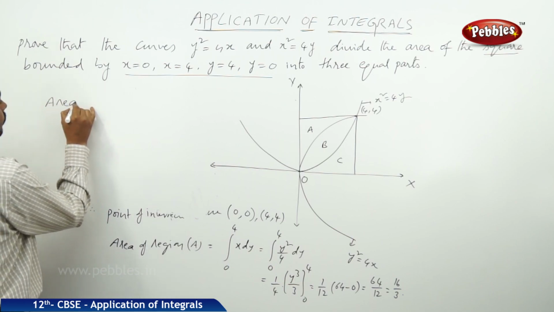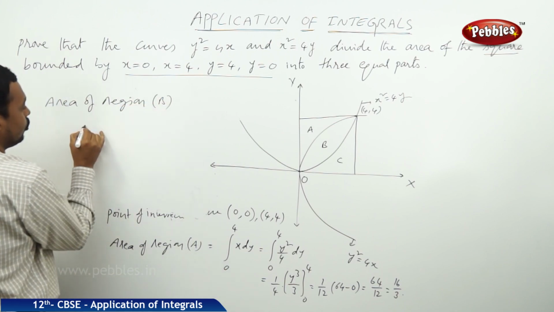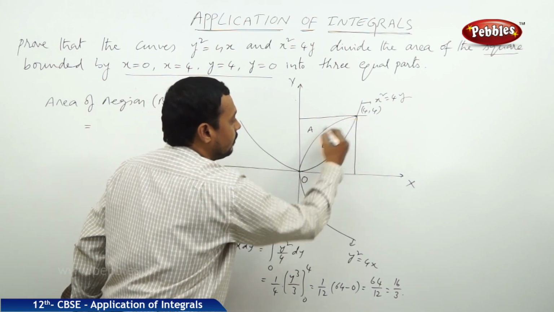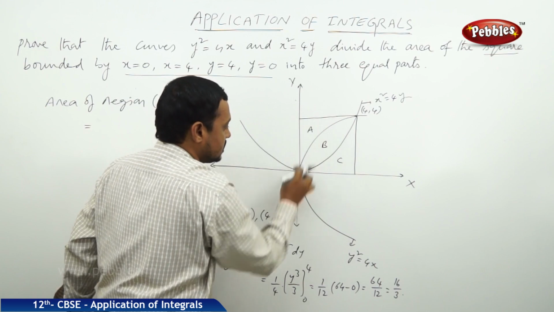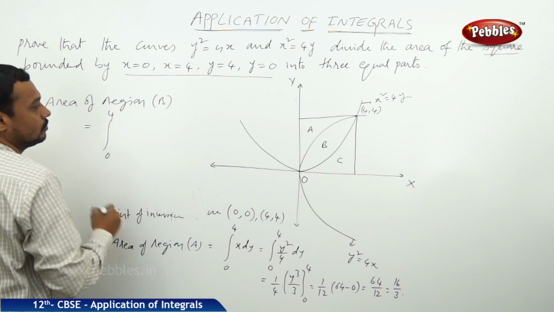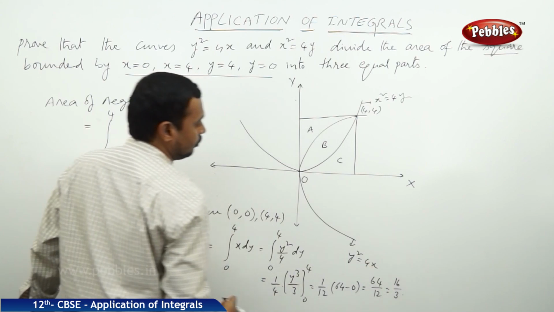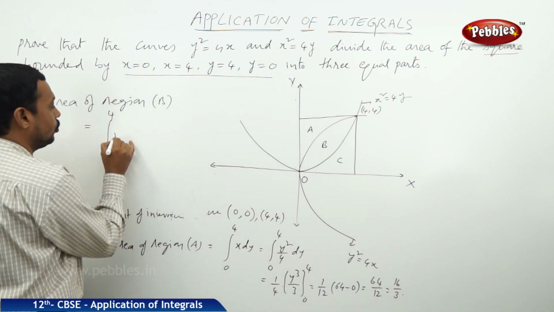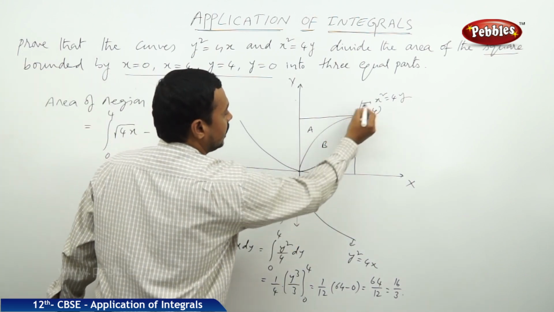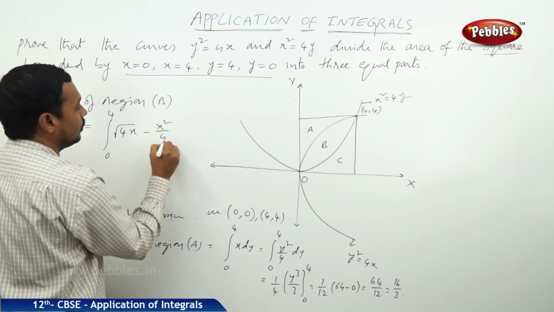Area of the region B is equal to, you see, it is the region bounded by the two curves under the limits x is equal to 0 and x is equal to 4. Therefore, integral 0 to 4. Now, here the upper curve is what? The upper curve is y square is equal to 4x. From that, y is equal to root 4x minus, and the lower curve is x square is equal to 4y. From that, y is equal to x square by 4 dx.